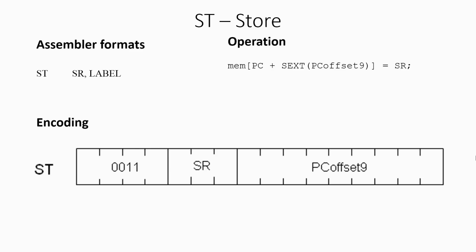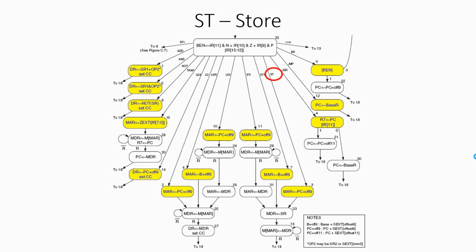Note that the address specified by the PC offset can only be plus 256 or minus 255 locations of the store instruction, because that is the range of a 9-bit 2's complement binary number. Looking at the LC3 state diagram, we can see that there are multiple micro instructions associated with the store instruction.